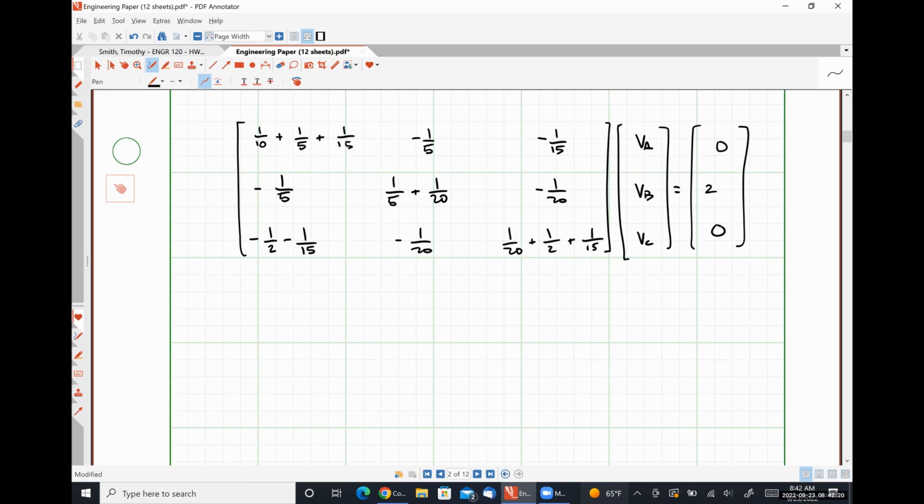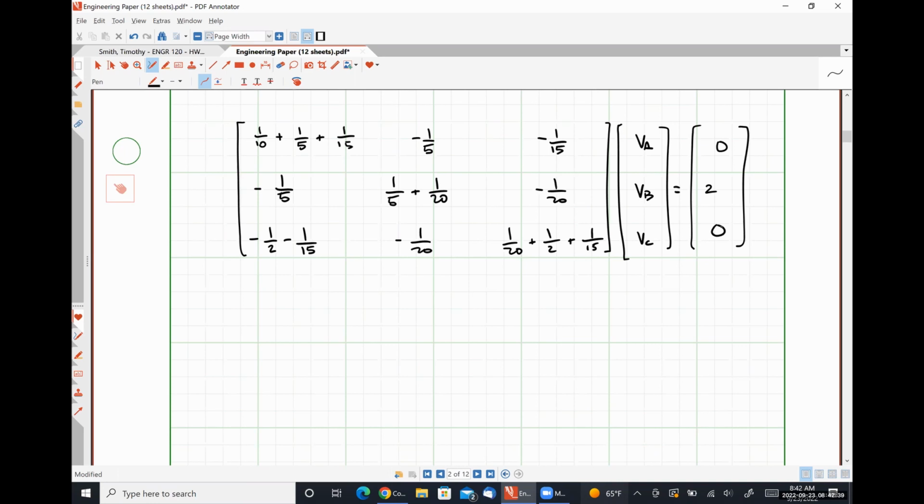I don't particularly care. That's the calculator's job. That's why we're using it. For my coefficient for VB for my first equation, I have -1/5. My coefficient for VC for my first equation, I have -1/15. And my constant term for my first equation is 0.